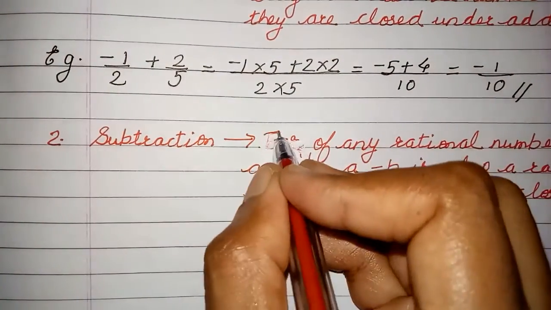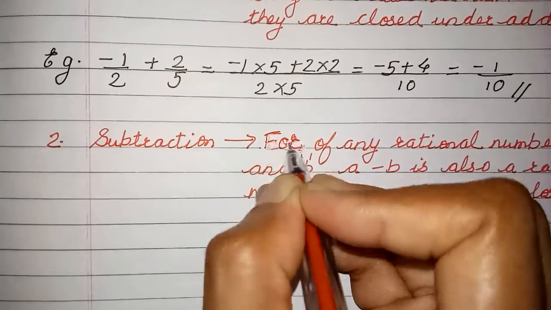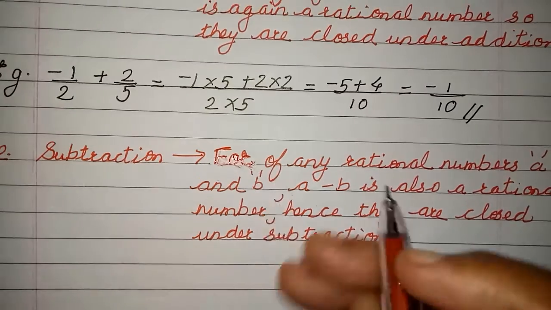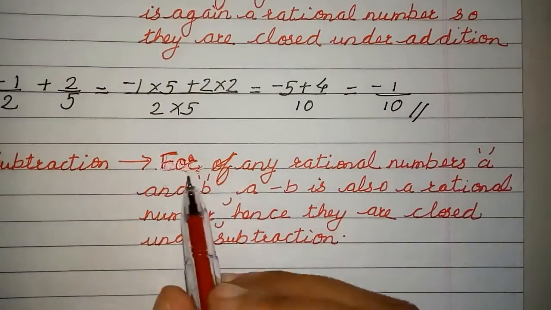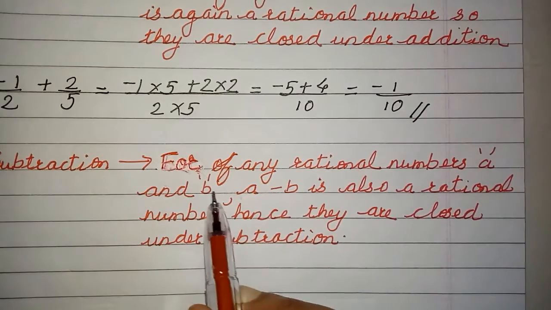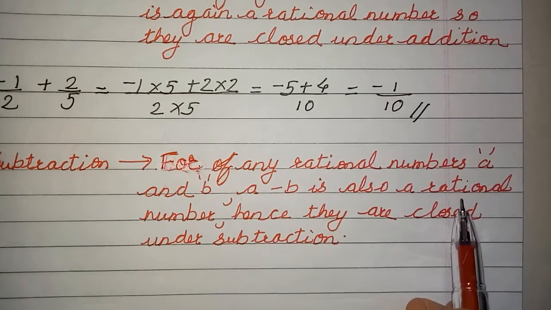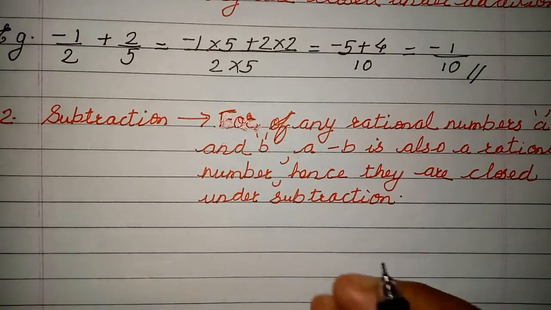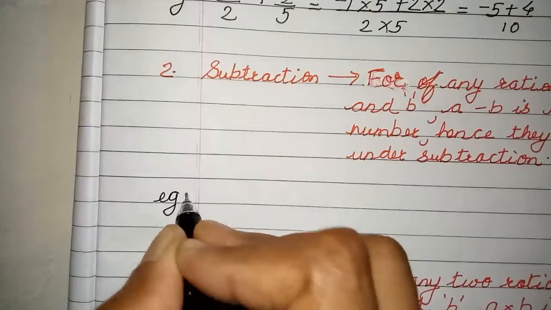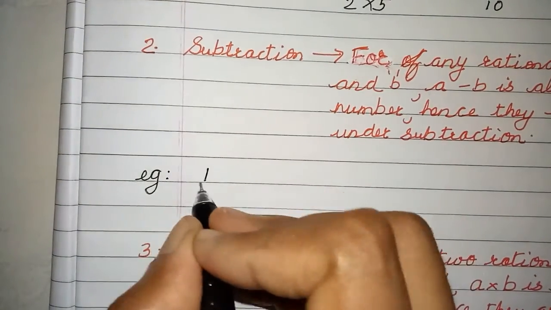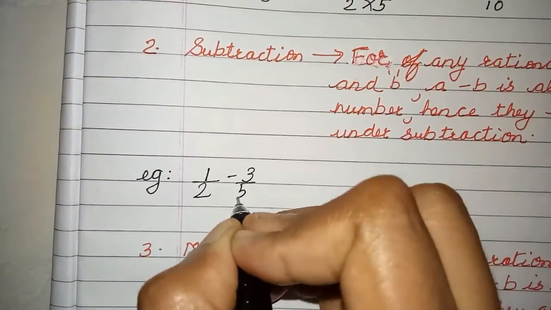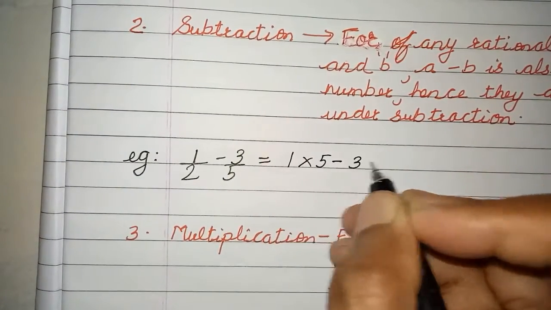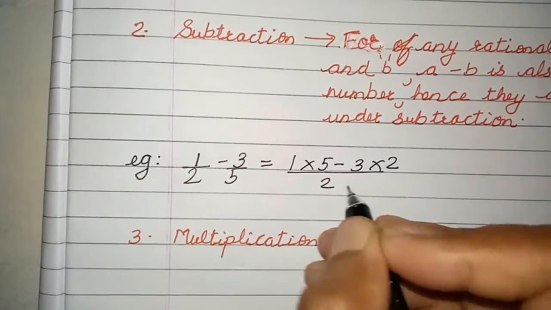Now the second one is closure property for subtraction. Just look at what I have written here. For any two rational numbers a and b, a minus b is also a rational number. Hence they are closed under subtraction. What do you mean by that, children? I mean that, as I have done so many problems, if I take two rational numbers and solve them, you know how to solve them? 1 into 5 minus 3 into 2 upon 2 into 5.